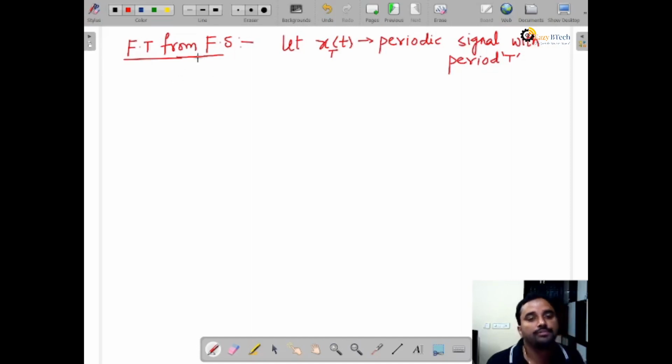Using Fourier series. We have the exponential Fourier series.